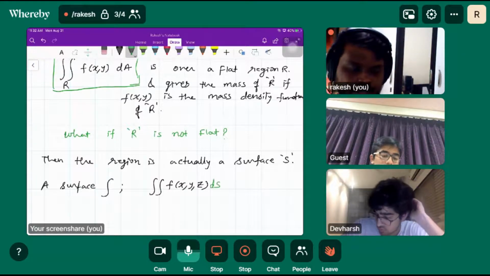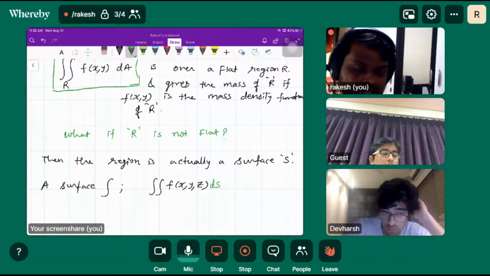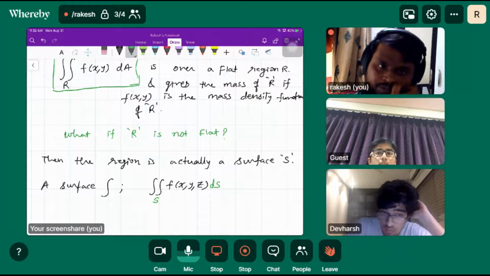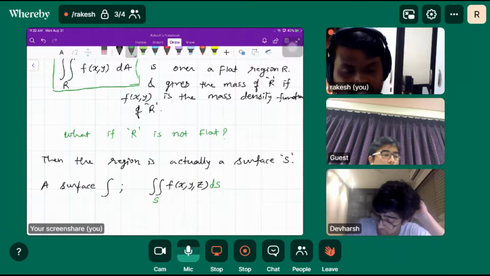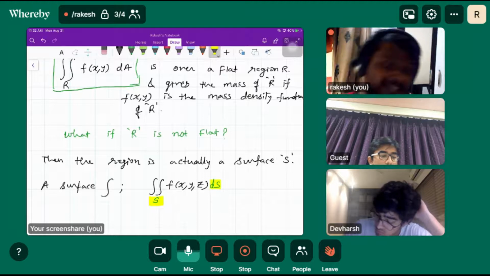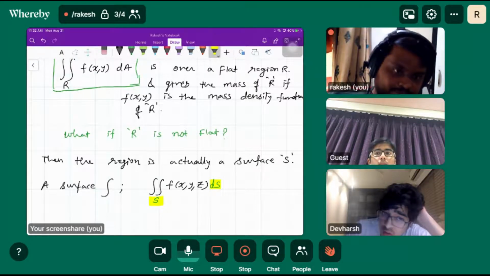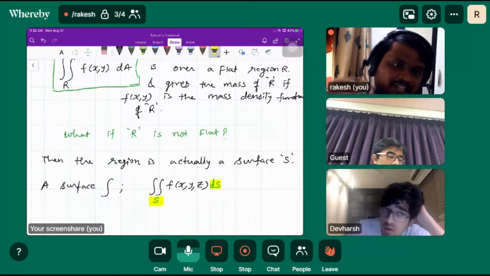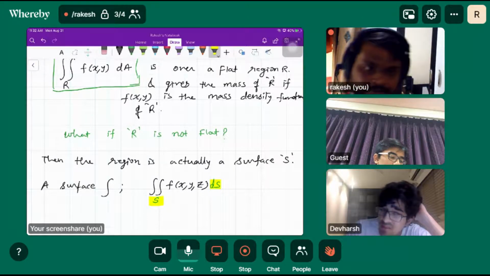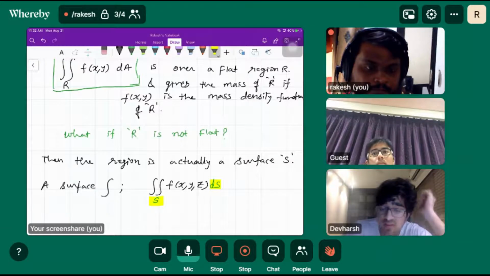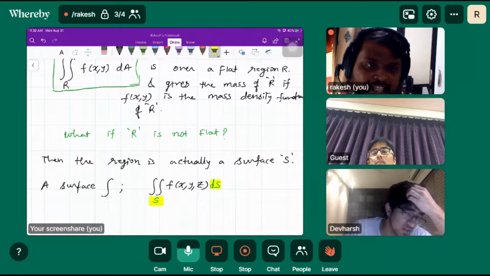So I would integrate over S. You must notice that I have replaced R by S and dA by dS. That dA was the area of the region. Here dS is the area of the surface. So wouldn't there be a triple integral because there are three variables x, y, and z?